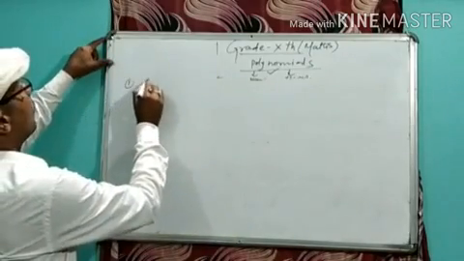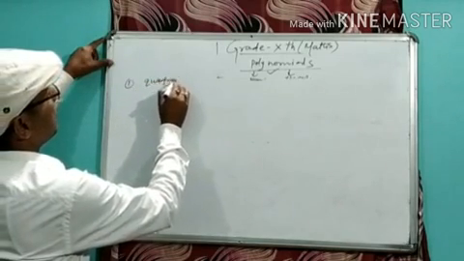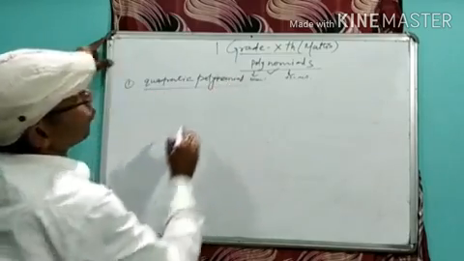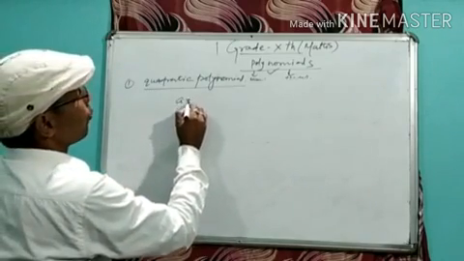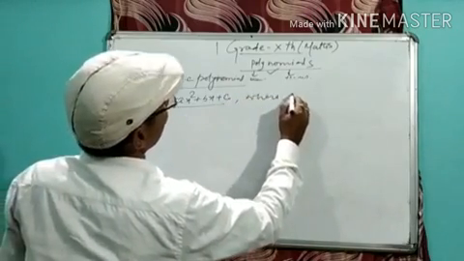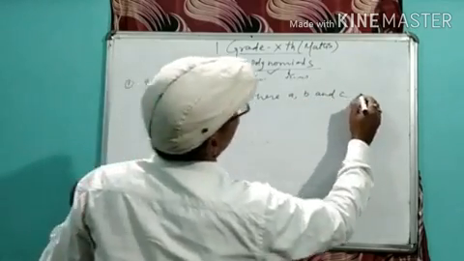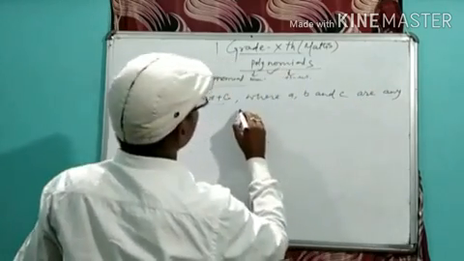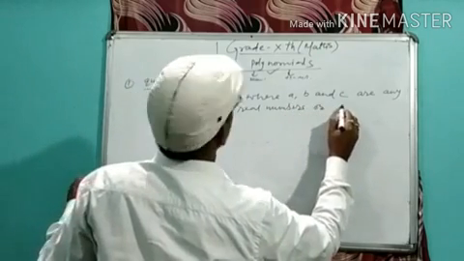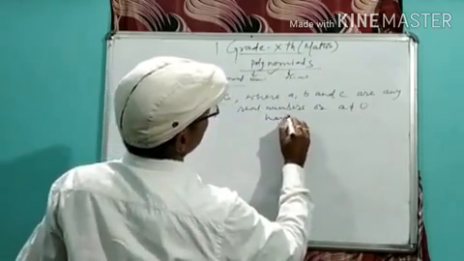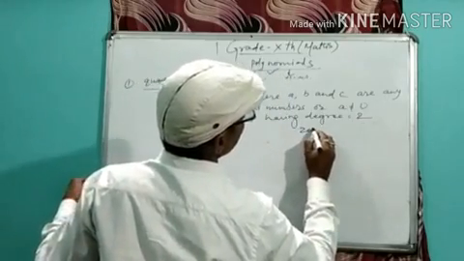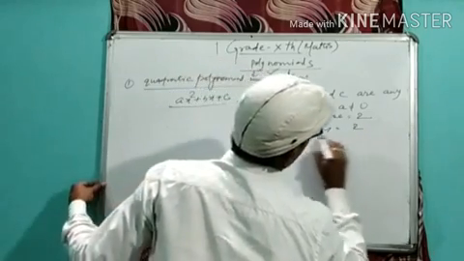The general form of a quadratic polynomial: the standard form is ax square plus bx plus c, where a, b and c are any real numbers and a is not equal to 0, having degree equal to 2, and zeros at most 2.